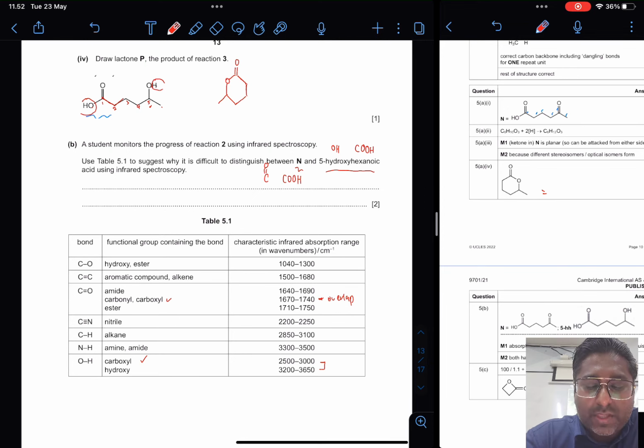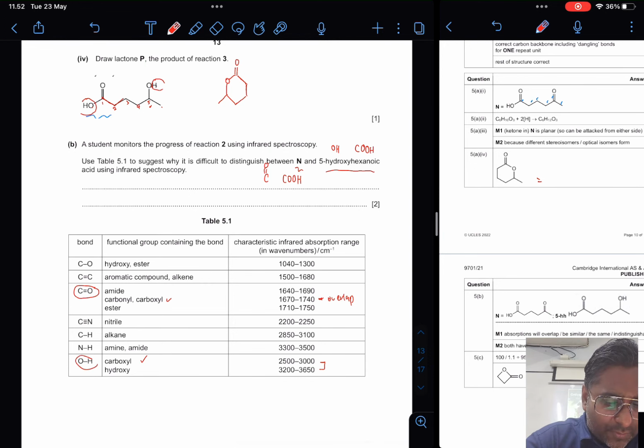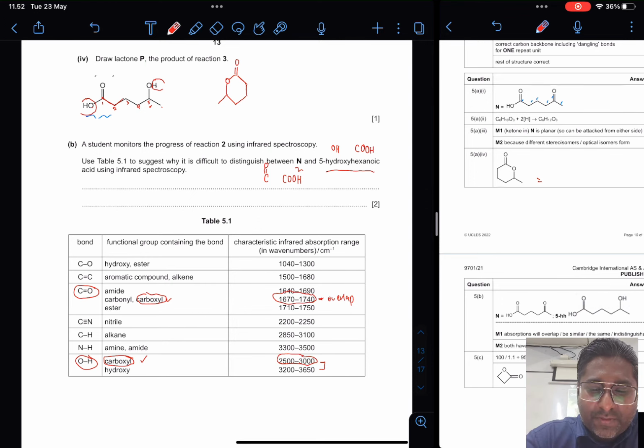First thing that we notice is, if you have carbon COOH, this is going to be OH for carboxyl. This is going to be the values, and this is going to be the values. But we see that both of them have this COOH. And then we need to check also there is OH.